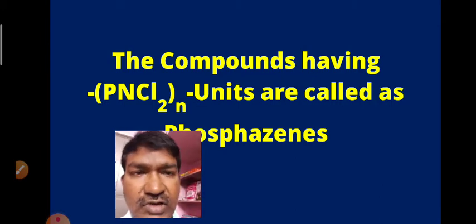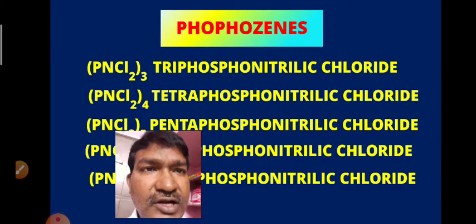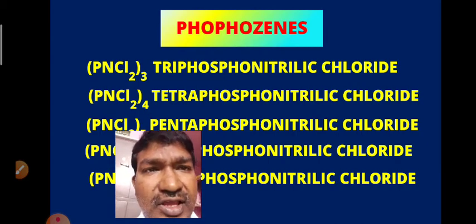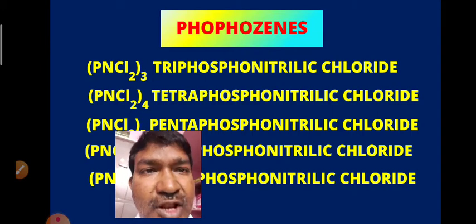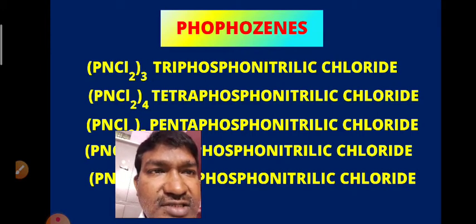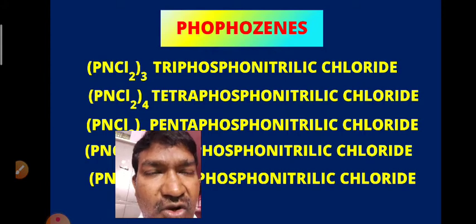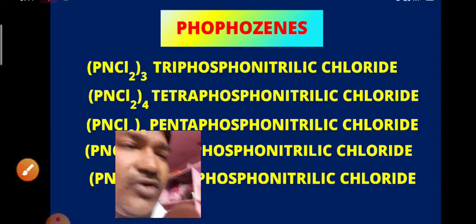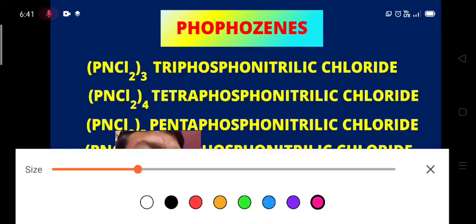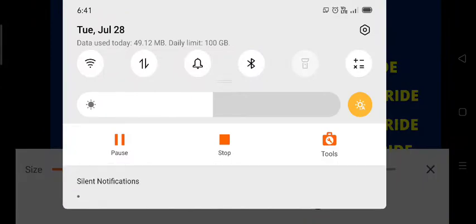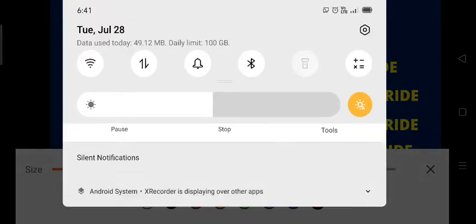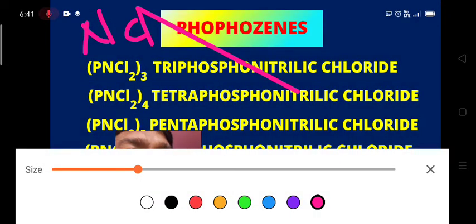Now we go for some examples related to the phosphazenes. Look here, (PNCl2) taken 3 is one phosphazene. It is a trimer. This is known as triphosphonitrile chloride. And here we have to remember that the electronegativity of nitrogen as well as chlorine is the same, that is 3.